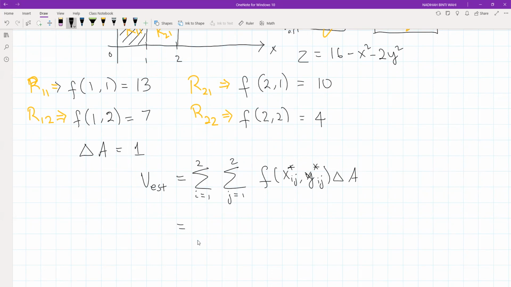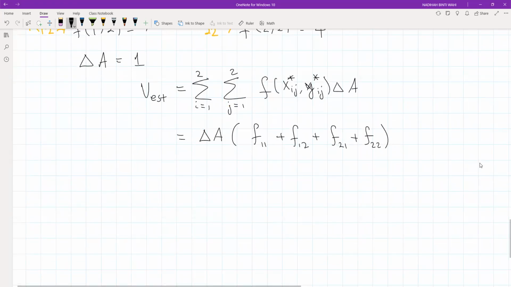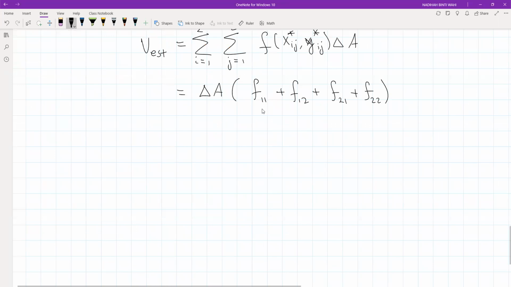So just summation, guna summation saja. So awak boleh buat delta A darab dengan F11 tambah F12 tambah F21 tambah F22. Di dalam kes ni koordinat tu dia sama dengan dia punya indeks. Okay, so delta A dia apa? 1.